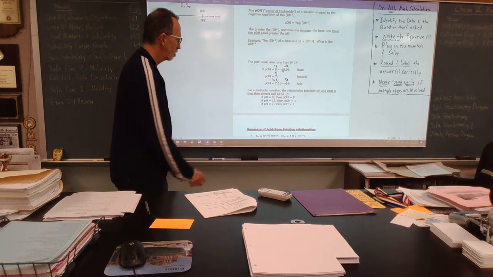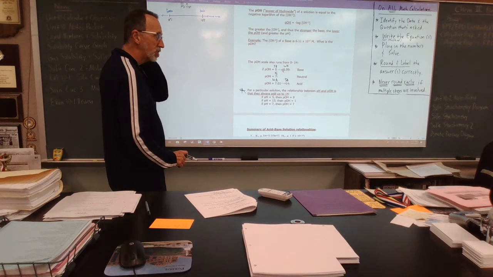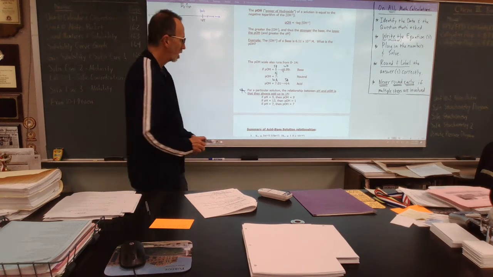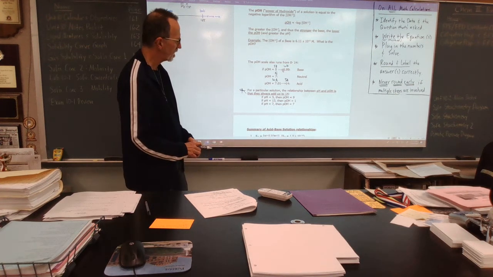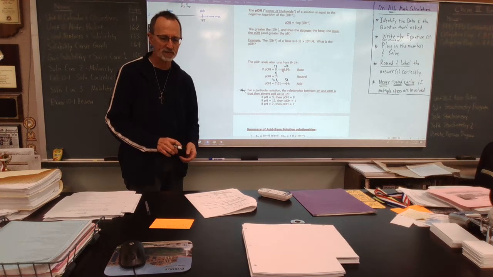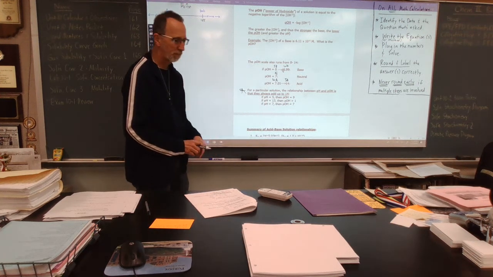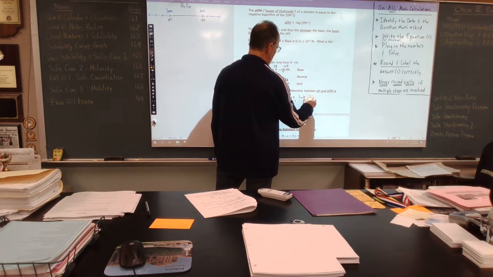For a particular solution, a little star here, the relationship between pOH and pH is that they always add up to 14. So if you have a solution with a pH of 5, then its pOH would be 14 minus 5, or 9. And based on that, either one, pH or pOH, that would be a fairly weak acid.